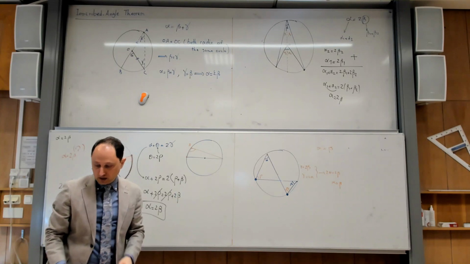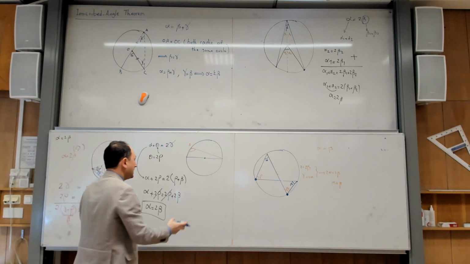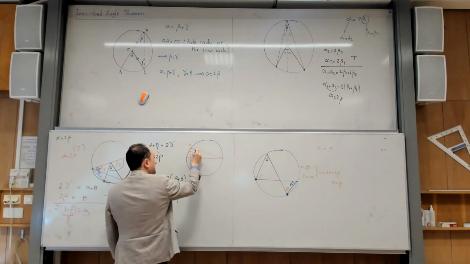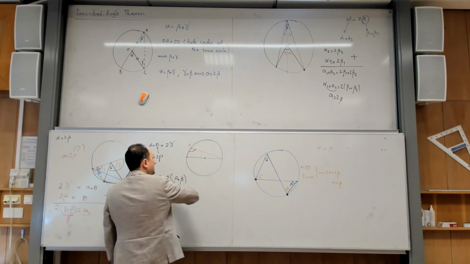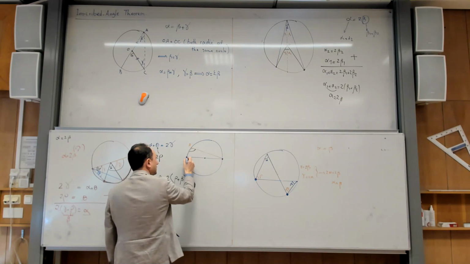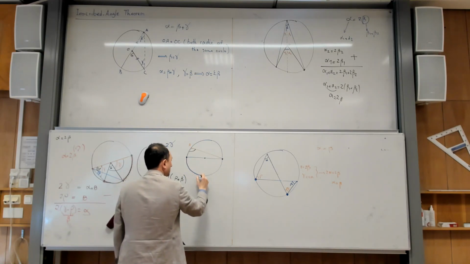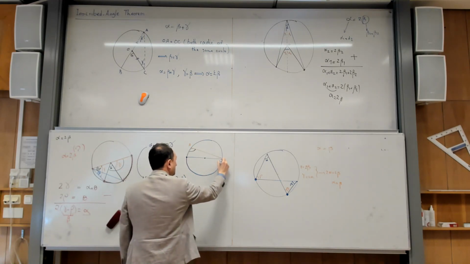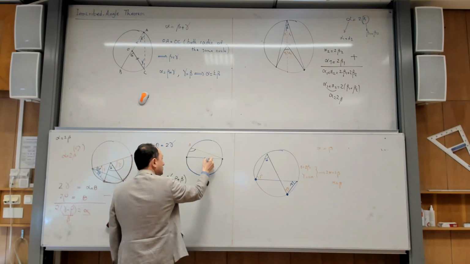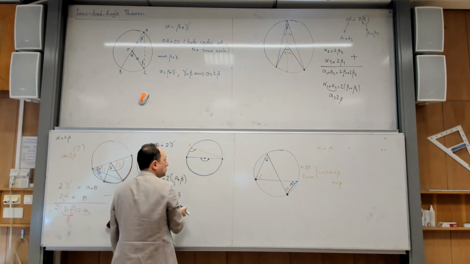It's always 90. The reason is that this angle is an inscribed angle subtending this big arc. Yes? But this angle that you see here, on the one hand, is how much?